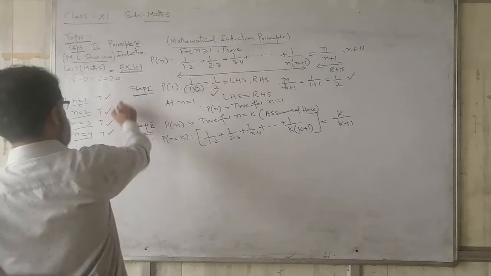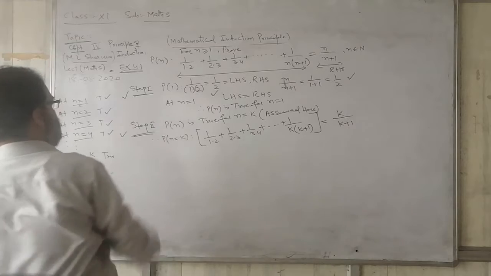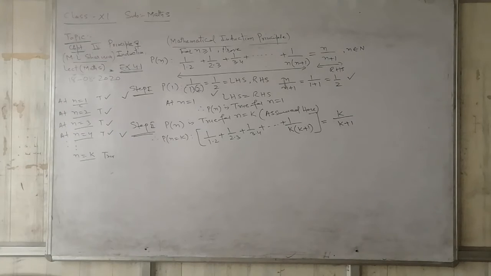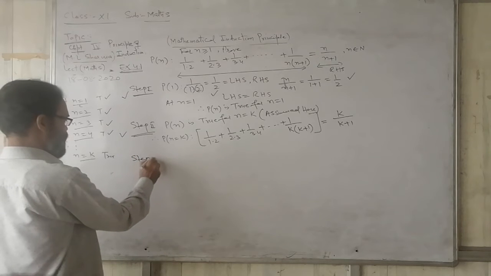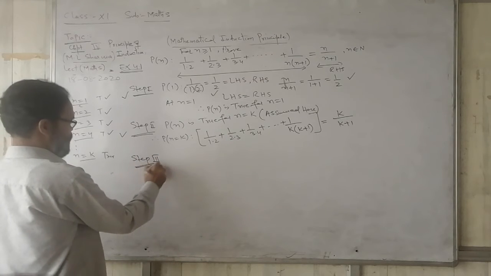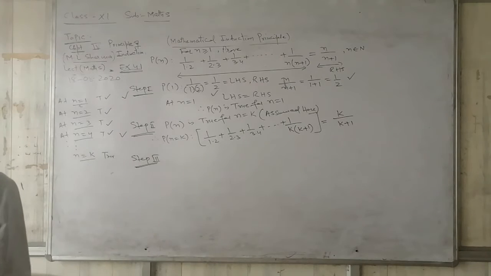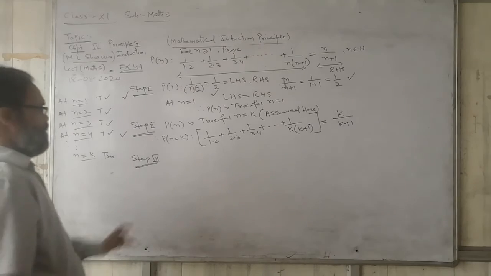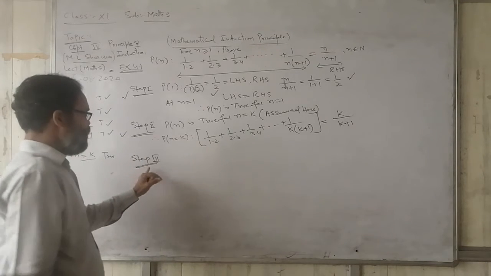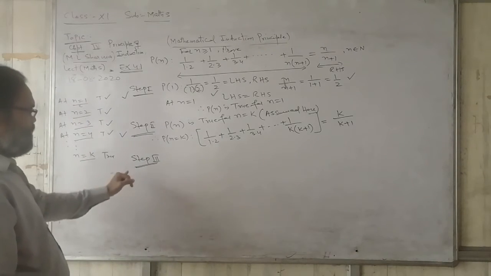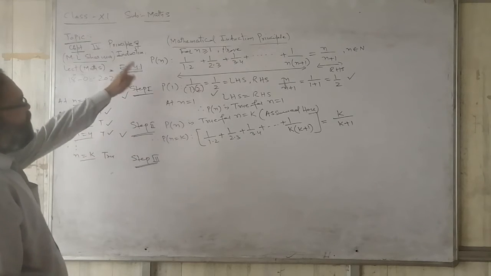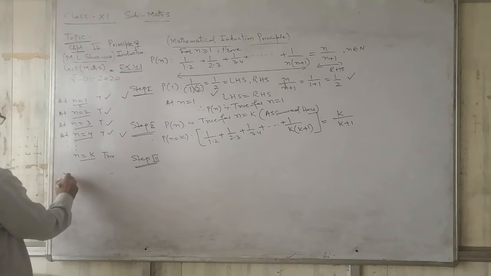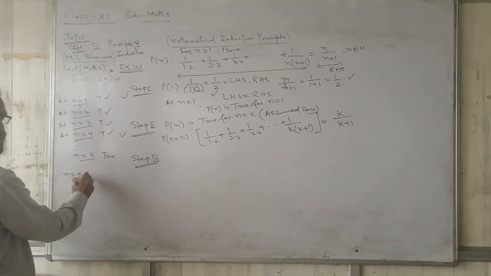So the second step and first step, they are over. The main step is the third step. In this step, we have to do certain simplification so as to prove that the given statement is also true at n equal to k plus 1.